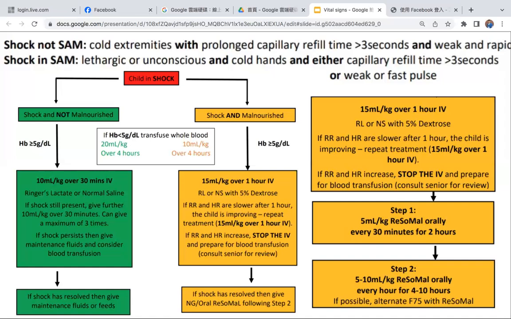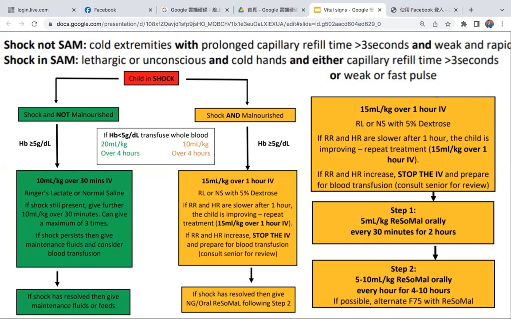So in patients with malnutrition and shock, if they need a blood transfusion, we give less blood transfusion compared to the patients who do not have malnutrition.